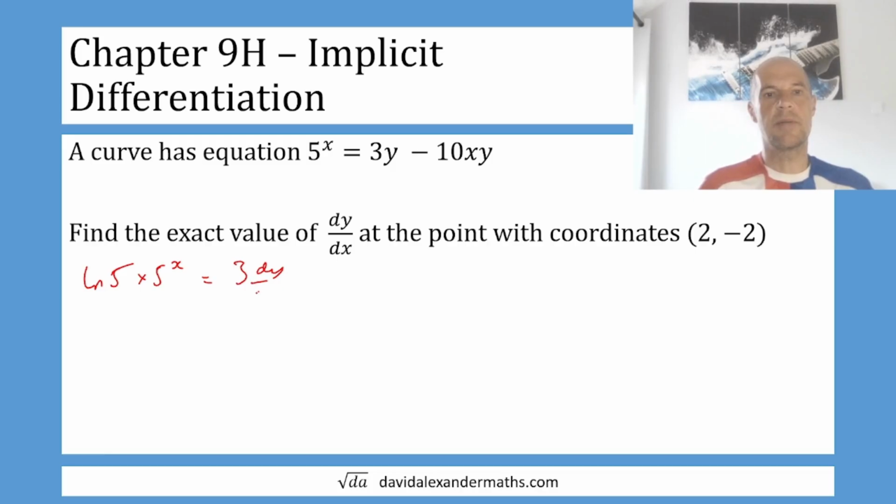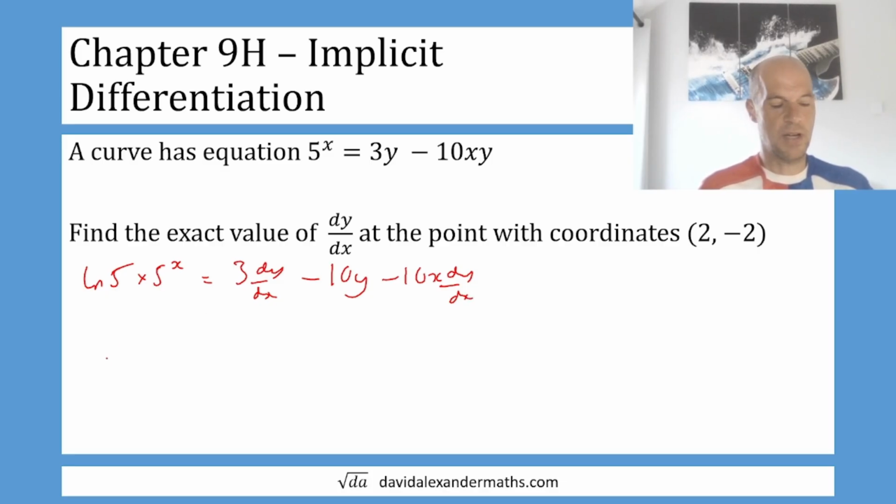3 dy by dx minus, I'm going to differentiate the 10x but not the y, so minus 10y, and now I'm going to differentiate the y but not the 10x, that's going to be minus 10x dy by dx.